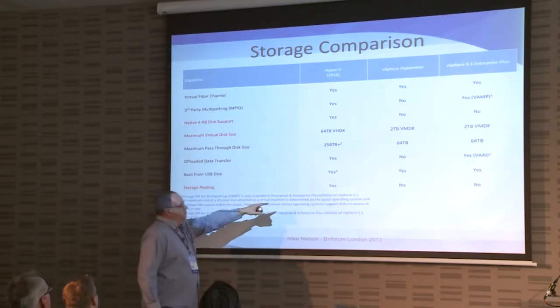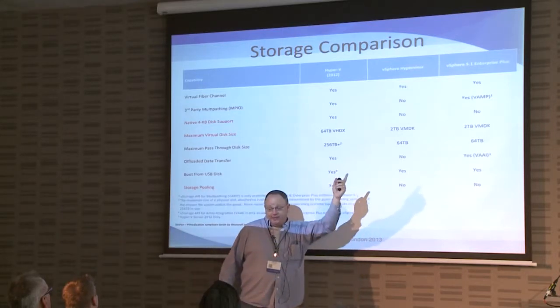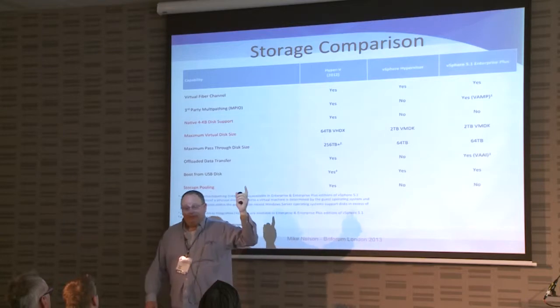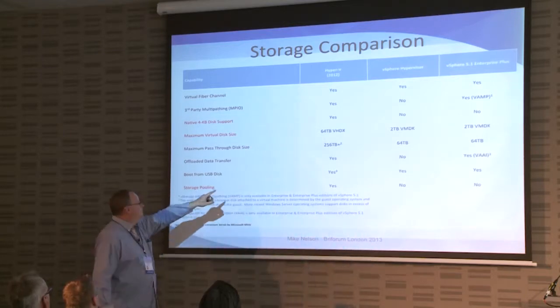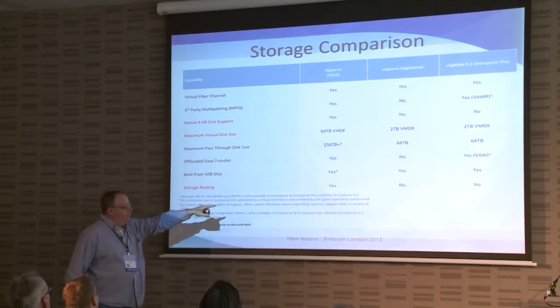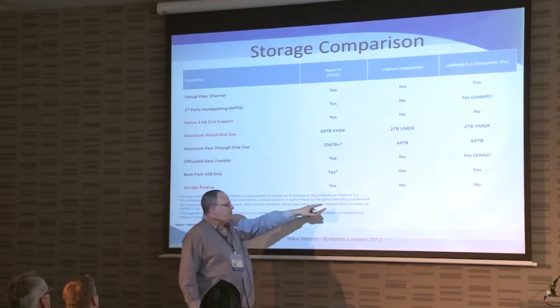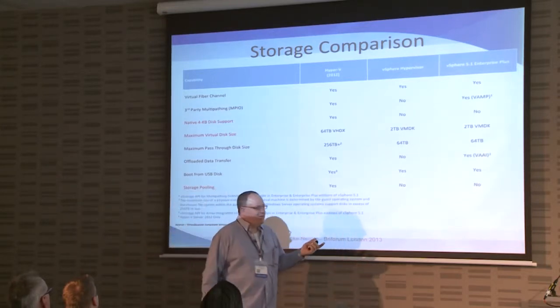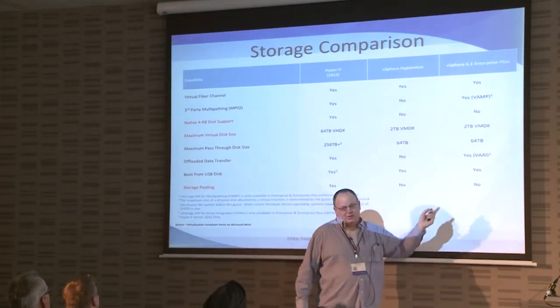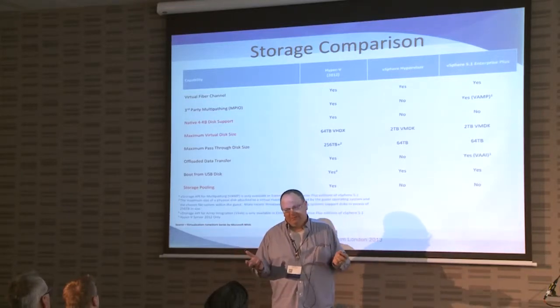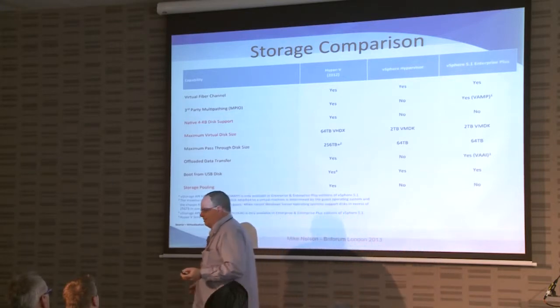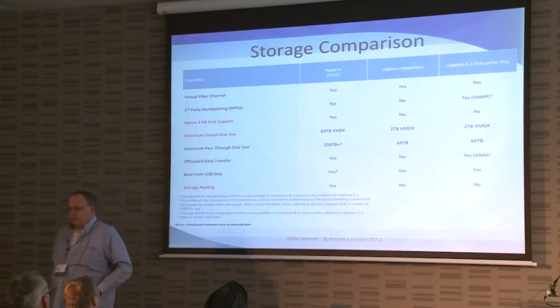I don't know why you would have a virtual machine that is 64 terabytes in size. And then storage pooling. One of the things about storage pooling is you can really do it in vSphere, even though this says no, because they don't really call it that, the VAAI. Okay, and we'll get into that a little bit later.